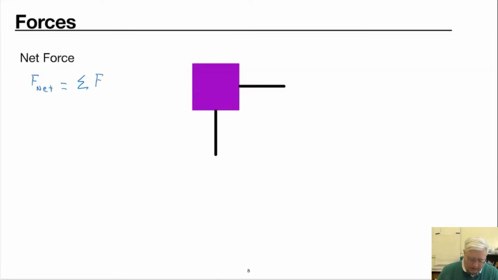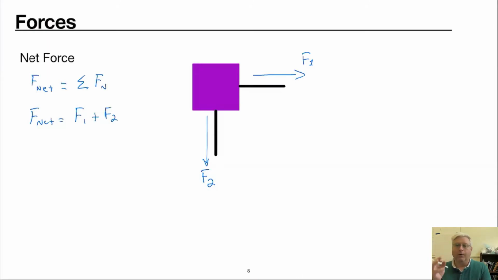If I put Fn, then it's n forces; if there are 3 forces, then n is 3. Here, let's call this force 1 pulling to the right, and force 2 pulling down, F1 and F2. Then my net force is just F1 plus F2.